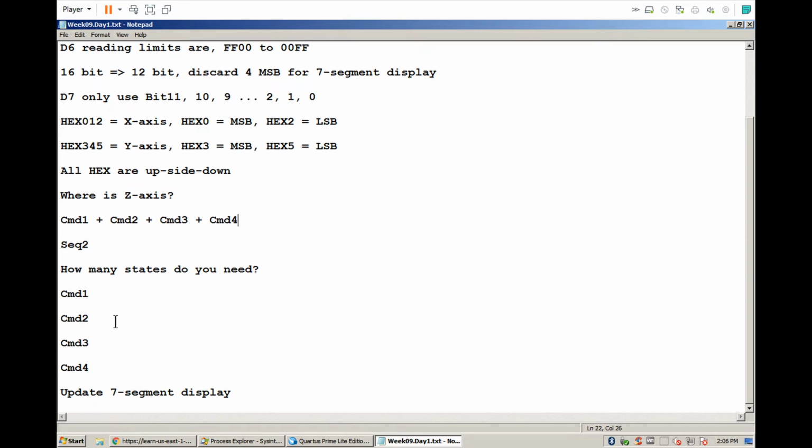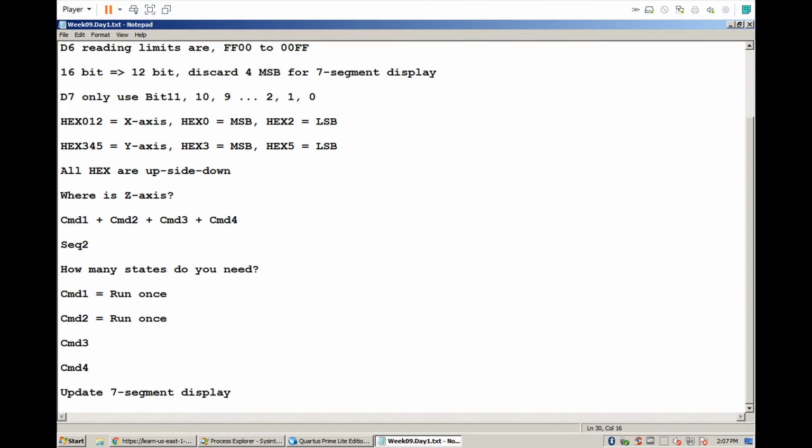So we know these are the commands we need to implement. Commands 1 and 2, you do once. Command 2 you run once because you need to power on the device, and you need to configure the communication.